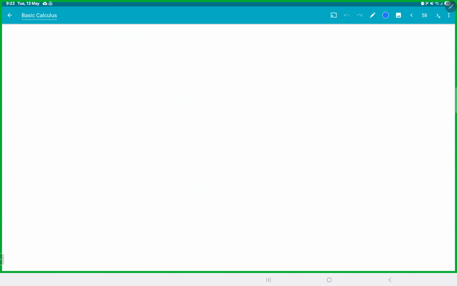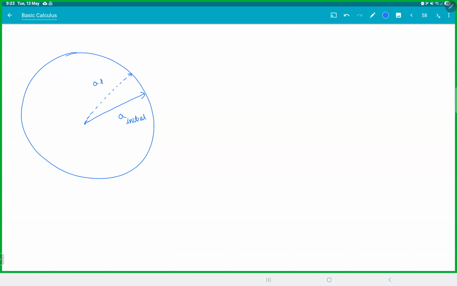So let me put this in a more usable form, okay? So if I take a vector, listen to this thing. This is the more usable thing. If this is your vector A initial, when this goes in a circle, it is going in very small distances. This is A final.